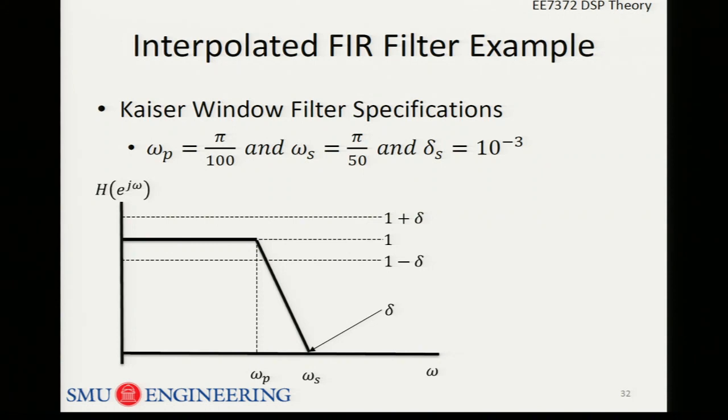And so it was kind of nice to use. But suppose we had a pass band of pi over 100 and a stop band of pi over 50, and this delta S of 10 to the minus 3. So I have a little cartoon here that shows what that looks like. That's our desired filter.